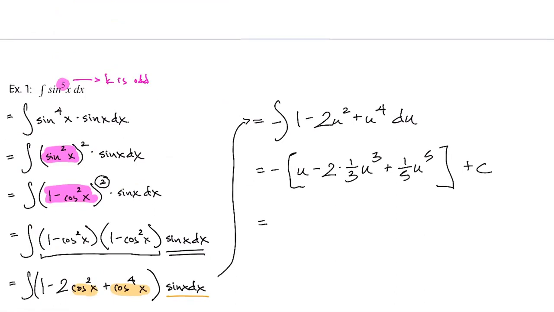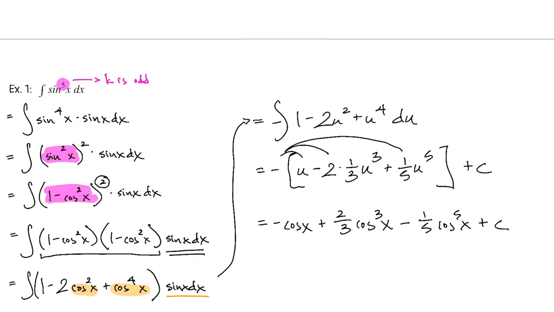We're going to distribute that minus sign, okay? So the minus is going to go to every single term here. And I'm going to put back in my u. So everywhere I see a u, I'm going to replace it with cosine x. So I'm going to get negative cosine x plus 2/3 cosine cubed x minus 1/5 cosine to the 5th x plus c.